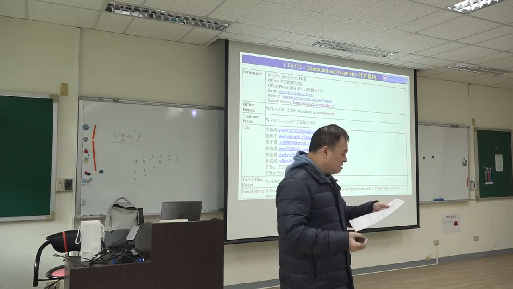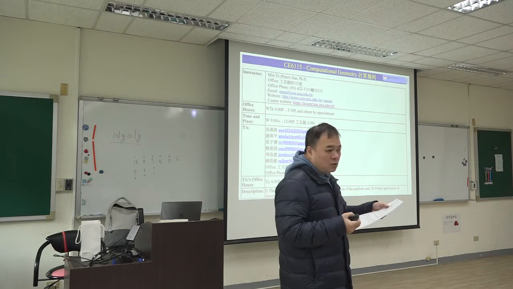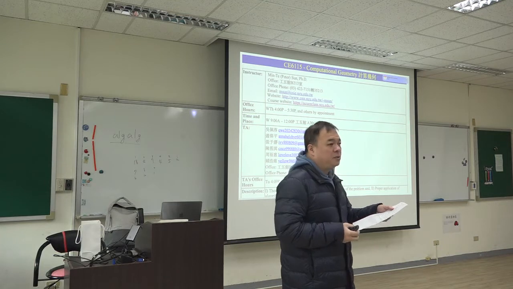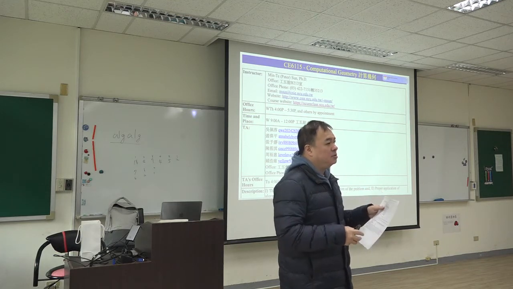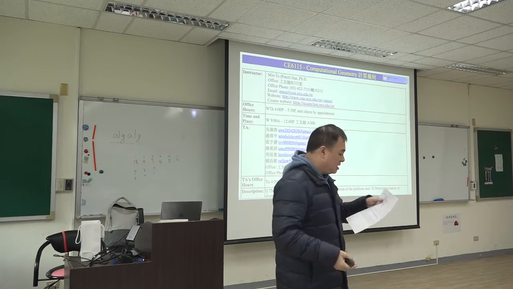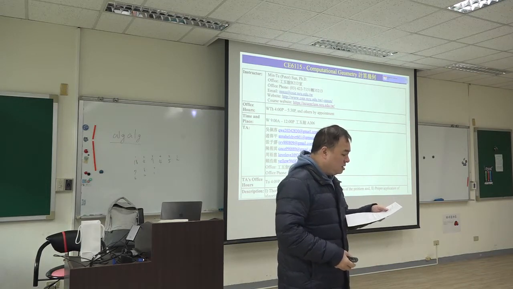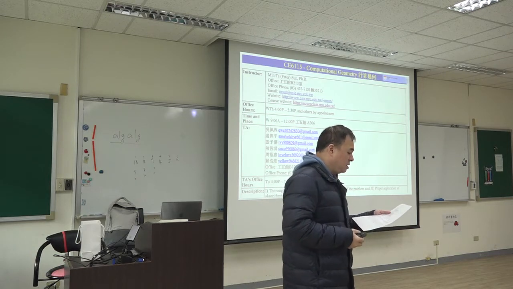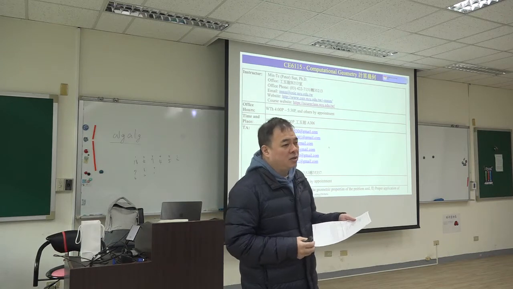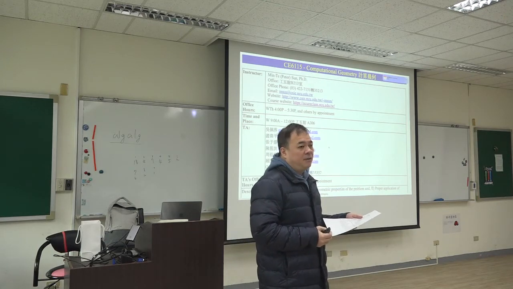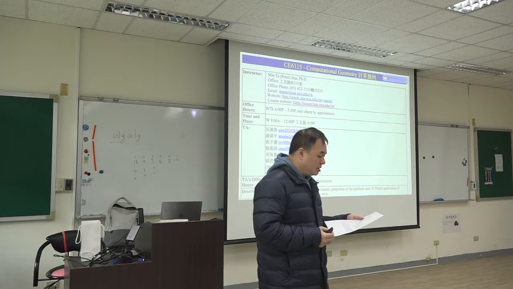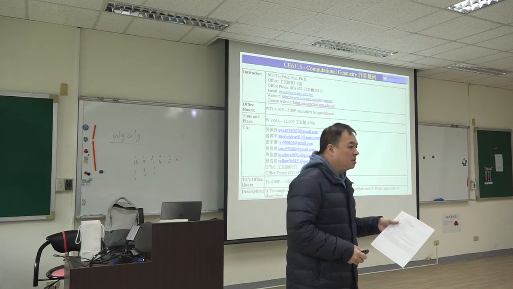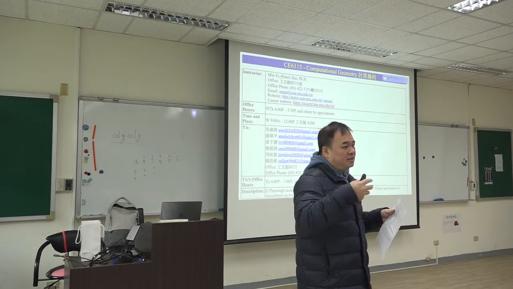The second thing is the course website. After you officially enroll in this class, once you log into the NCU EE class system, which is a new system, you should be able to find all the information related to this course, including this syllabus and all the handouts.